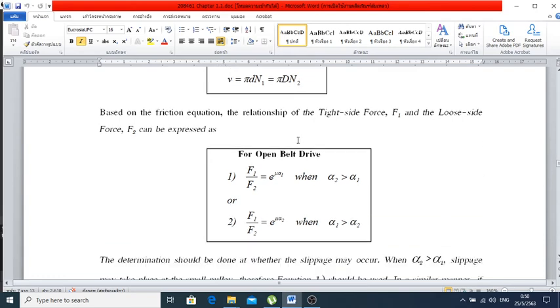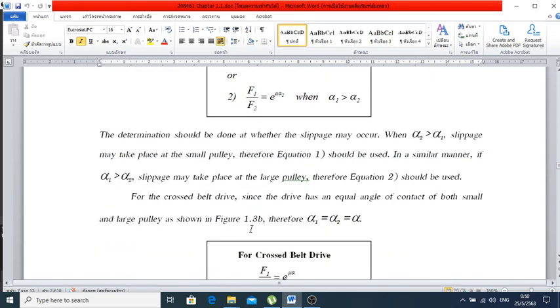And then the relationship of F1 over F2 is going to be e to the power of mu times alpha 1 when alpha 2 is greater than alpha 1, or, if alpha 1 is greater than alpha 2, we have the other equation, respectively. This is the relationship of F1 and F2 in the logarithmic form.